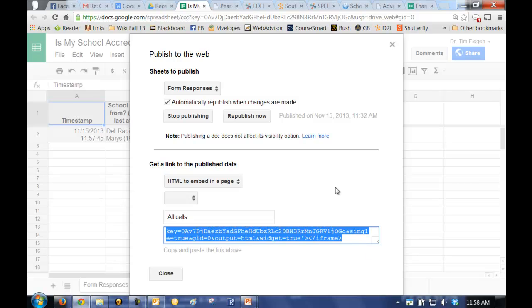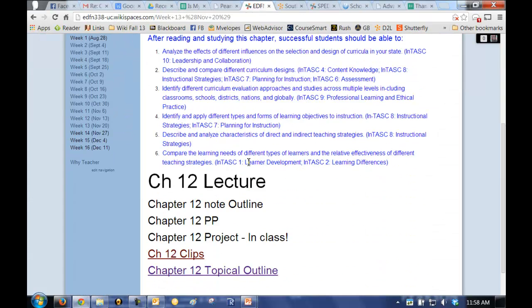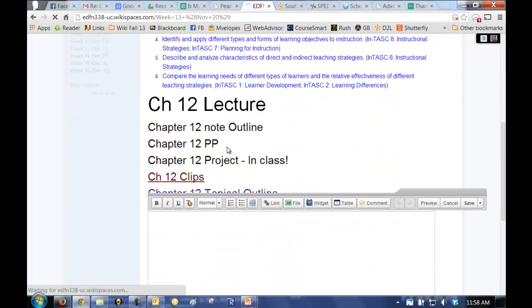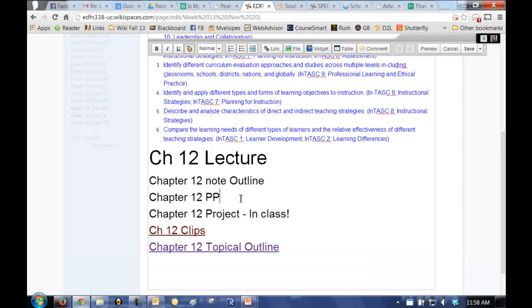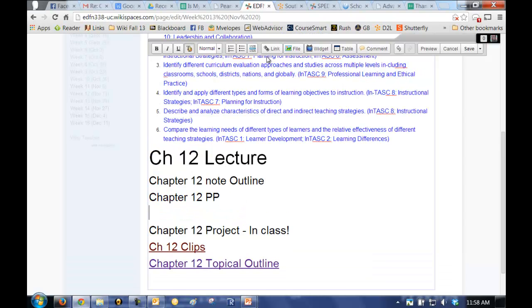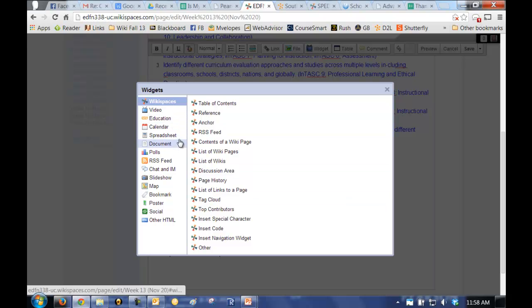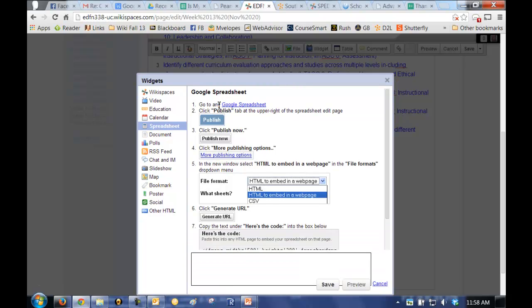So I'm going to copy this, and I'm going to put it right here on our page. I edit. I'm going to stick it right here between the two. If you would, I'm going to go like this, and I'm going to insert a widget. This is free now. You don't have to do anything more with this. And it's a spreadsheet, and it's a Google spreadsheet, so I click that.